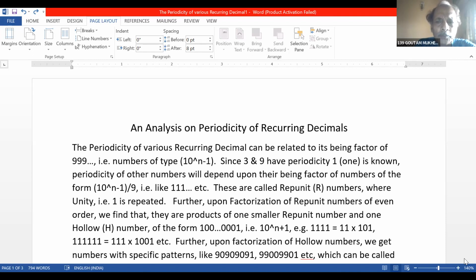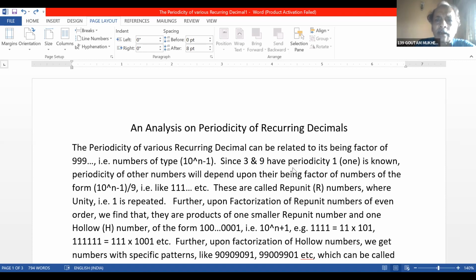Now, how the periodicity comes actually. Recurring decimal you have seen yesterday about 1/19, and it goes up to 18 digits. How is it happening? So likewise, this periodicity of various recurring decimals is actually related to the factors of all these repeat nines numbers: 9, double 9, 999, 9999, and so on.